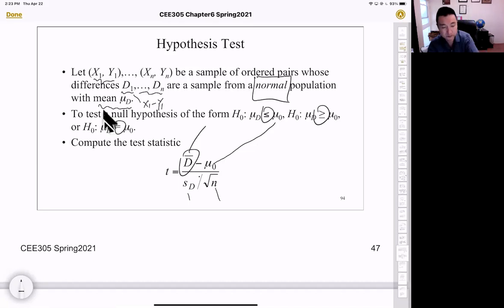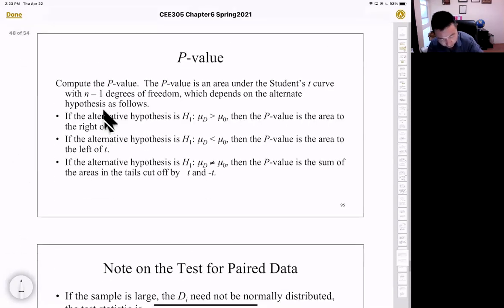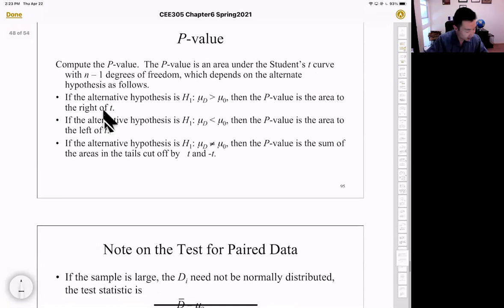Then calculate the p value. Same thing as always, depending on H1: larger than mu0, to the right; less than, to the left; not equal, two tails added together.